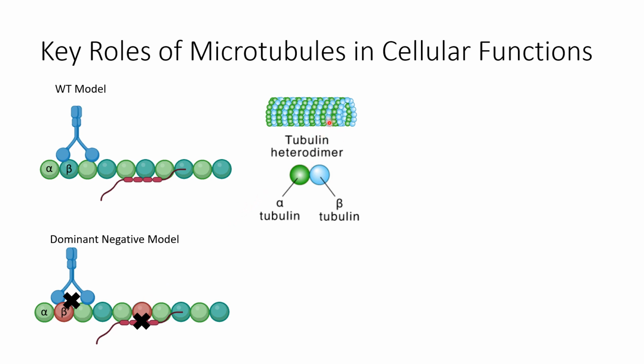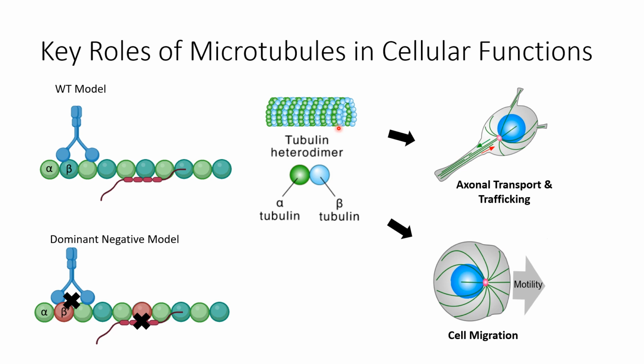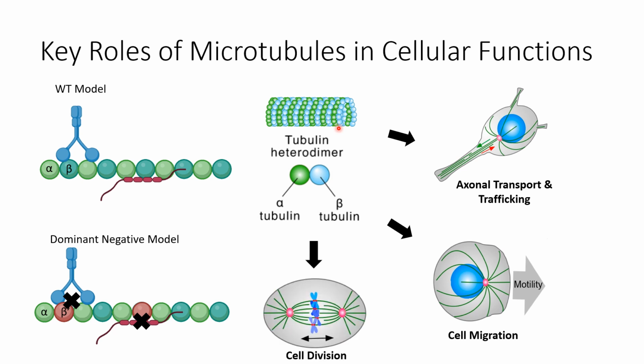For neurons in particular, microtubules are important in axonal transportation, cell migration, and cell division. With these impeded, synapses can't form, cortical neurons can't migrate to their appropriate layer, and neuronal fate is perturbed.